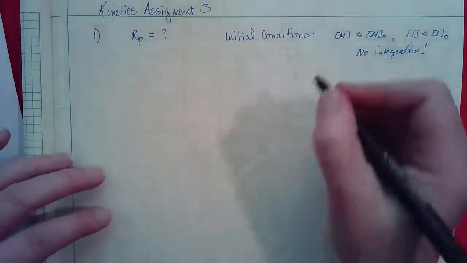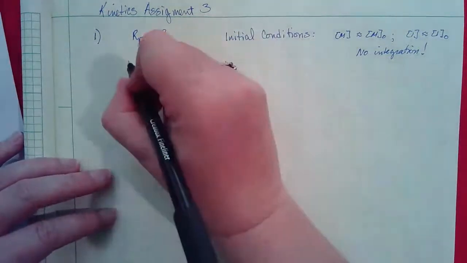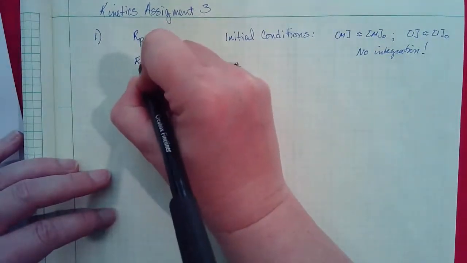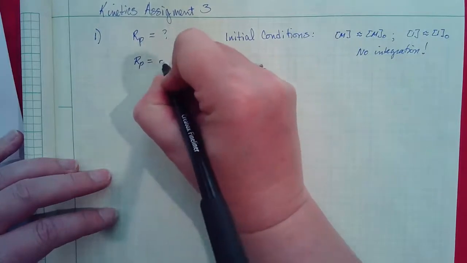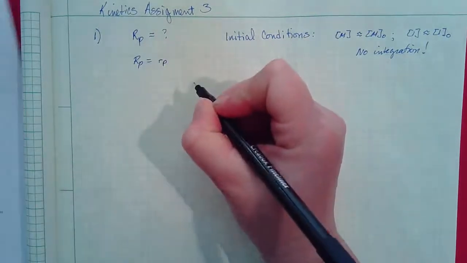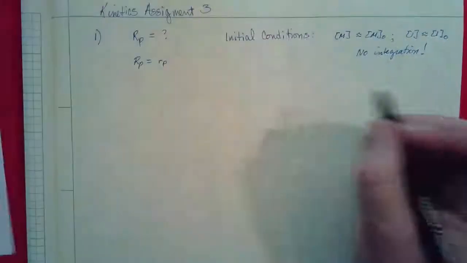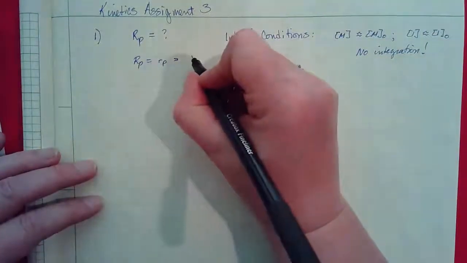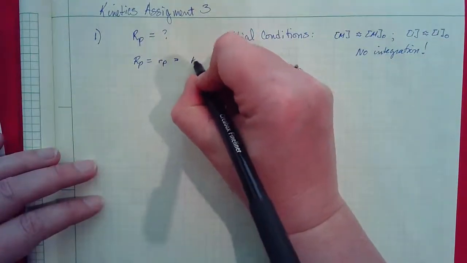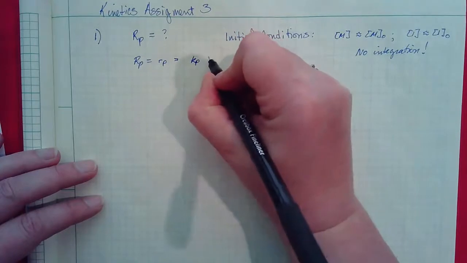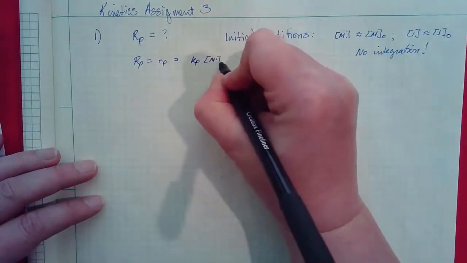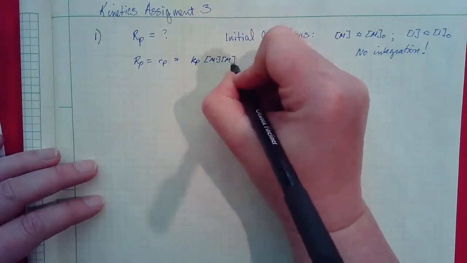Okay, so we need to remember that our rate of polymerization equals our rate of propagation. We get that from our rate laws, which is equal to Kp times the radical concentration times the monomer concentration.